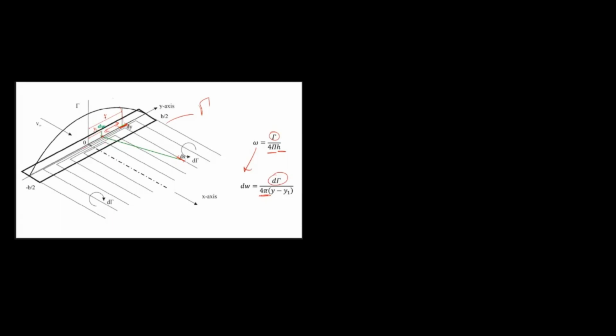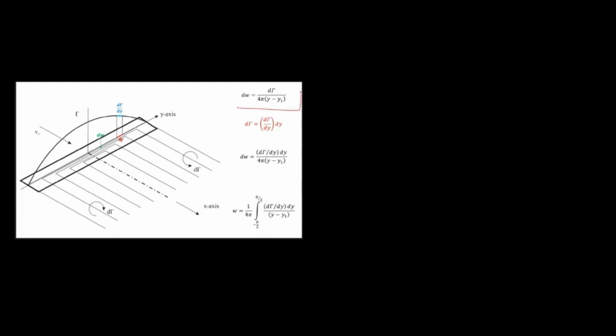So here h is equal to y minus y1. This is the general formula I have applied to this configuration. So I got dw is equal to d gamma divided by 4 pi h, where h is equal to y minus y1. Is that clear? This is the first step.